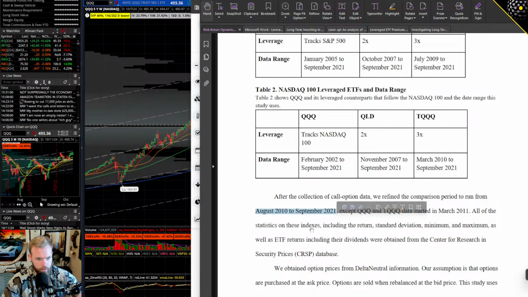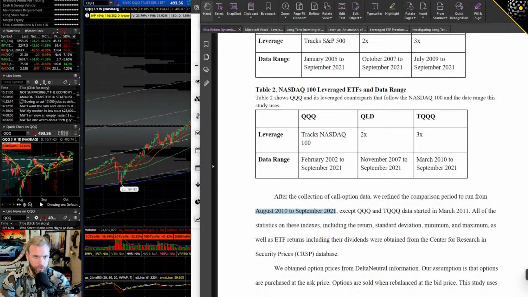That's super important. That date is very, very important, because if you started this right before we go into the global financial crisis, the outputs of this entire study are entirely different.